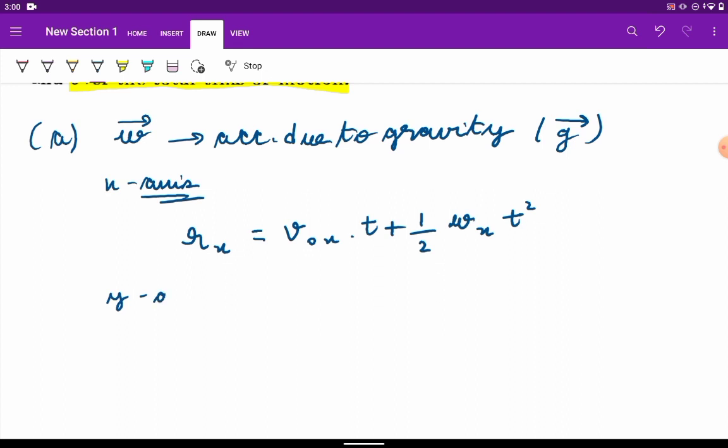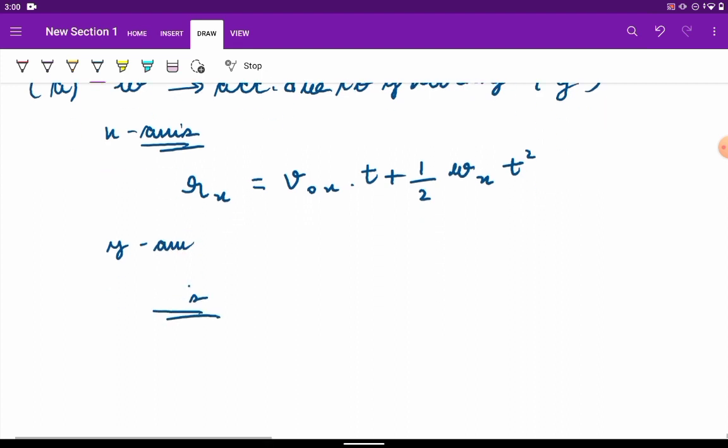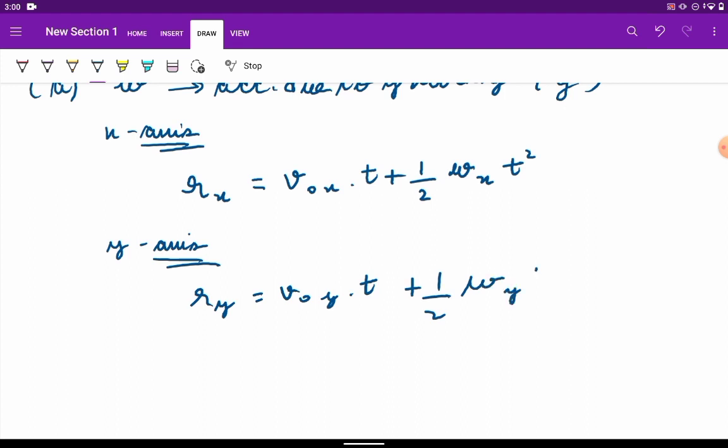Similarly, along the y axis you'll have a similar formula. It will be ry is equal to v naught y times t plus half wy t square.